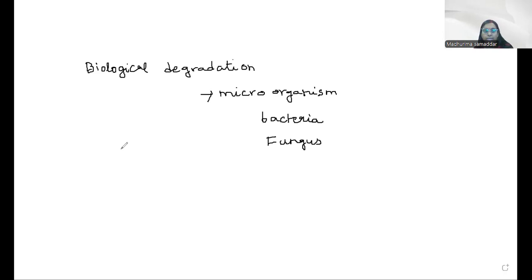Suppose the microorganism binds with the plastic. As they bind with the plastic, that is known as colonization. Due to colonization, it forms a biofilm.